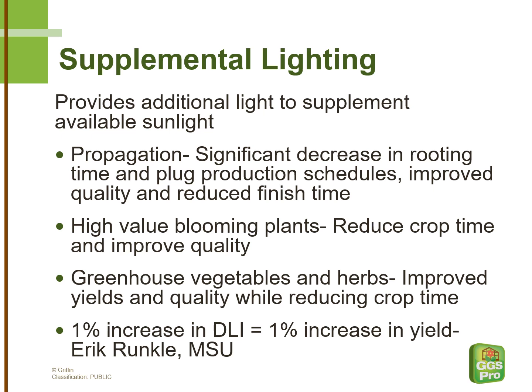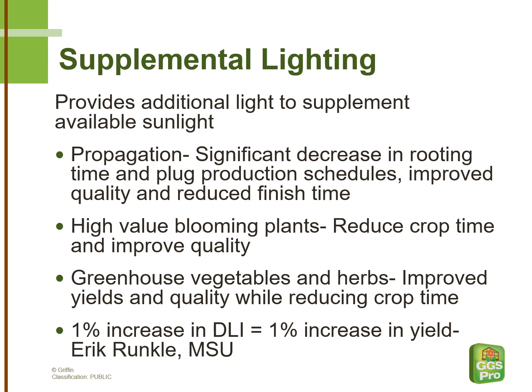But not only that, they finish much faster, and the ability for a propagator to get more turns out of the same space is another way that you start to offset the cost of the lights. There are some high value blooming plants that bring enough money back in that the reduced crop time and improved quality will make it pay.